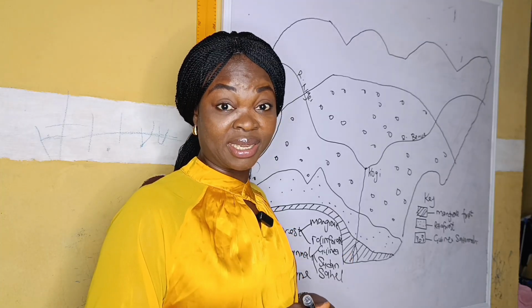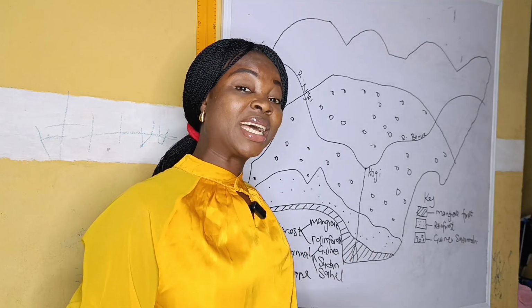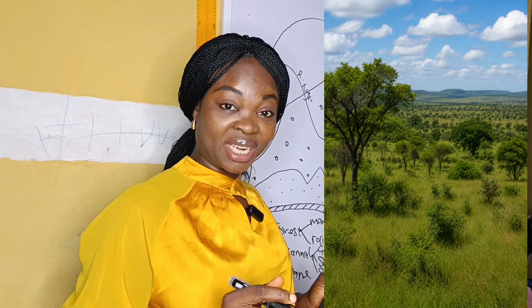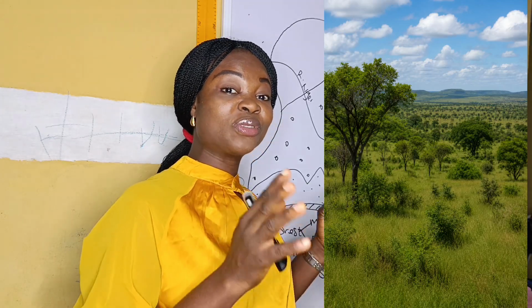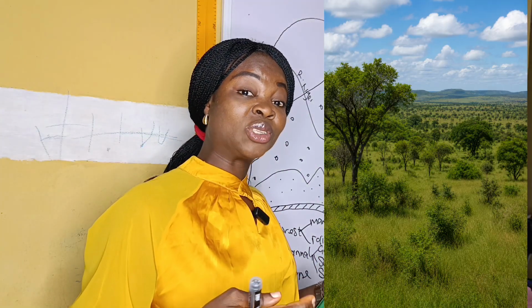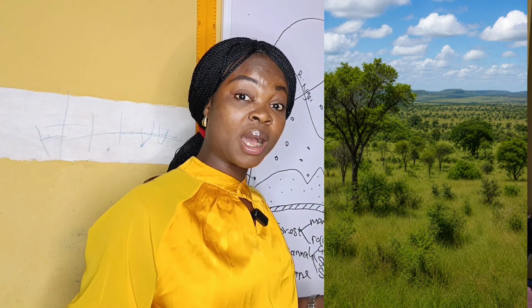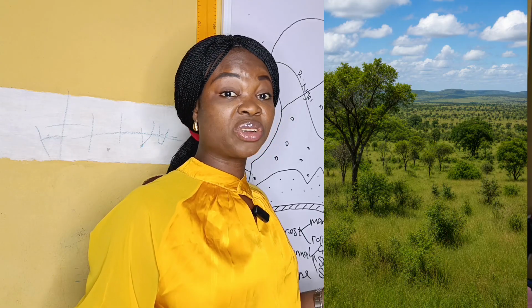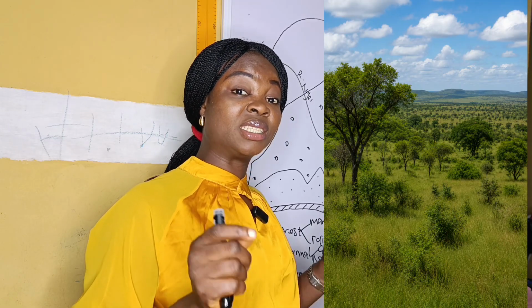Characteristics of Guinea Savannah. Guinea Savannah is the largest vegetation belt in Nigeria. It has few scattered grasses. Some of the trees found include isoberlinia, date palm, shea butter, and so on. Trees in Guinea Savannah are deciduous.